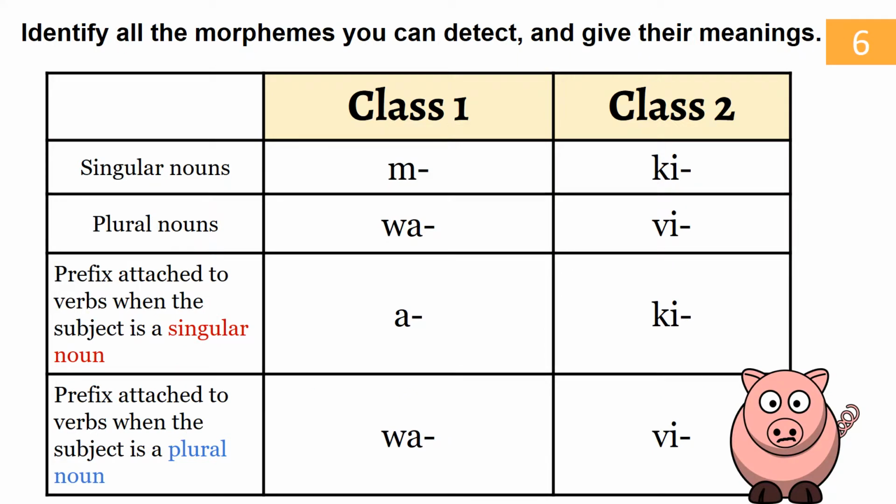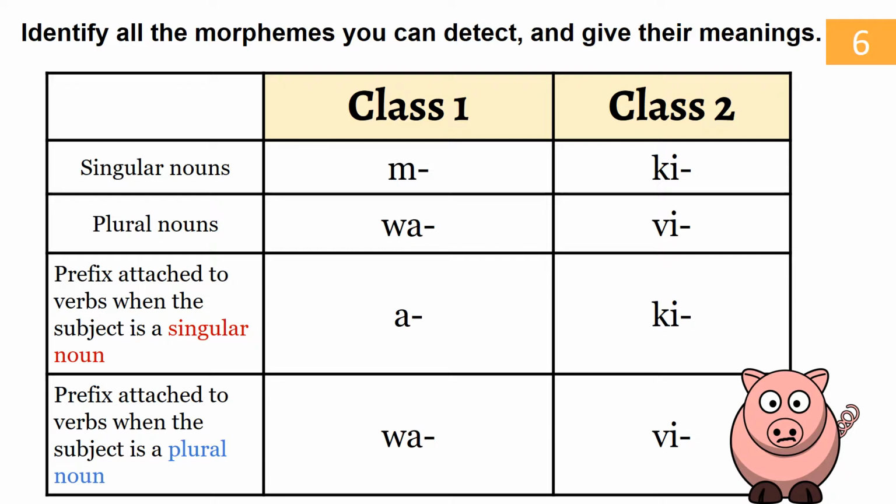Some morphemes may change depending on the noun class. For prefixes attached to singular nouns, we have m for class 1 and ki for class 2. For prefixes attached to plural nouns, we have wa for class 1 and bi for class 2.